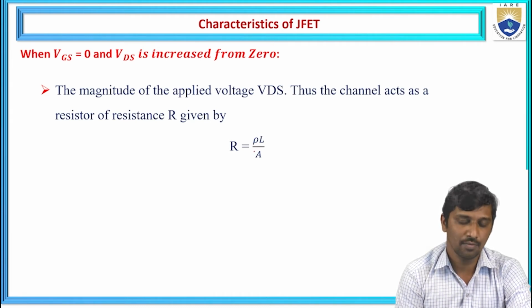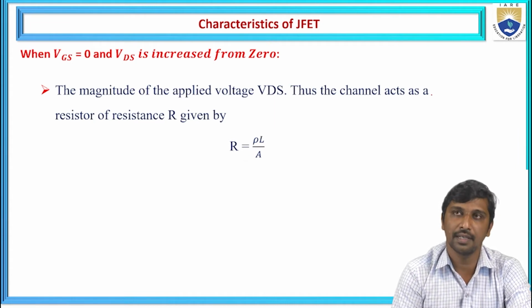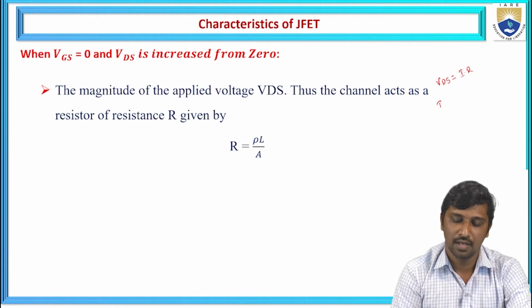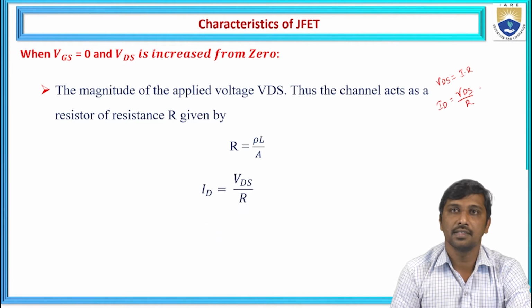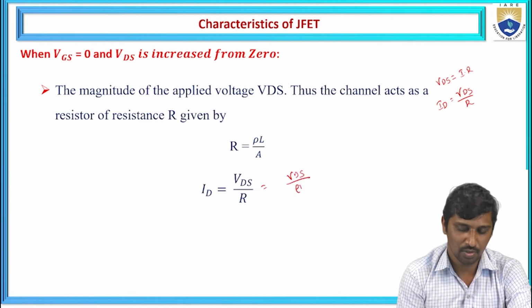Hence, from that, I am going to define the drain current. In general, we know that the drain to source voltage V means I into R. So the drain current ID is represented as VDS by R. Now you can substitute this R, so it becomes VDS by rho L by A, hence ID = VDS into A by rho L.